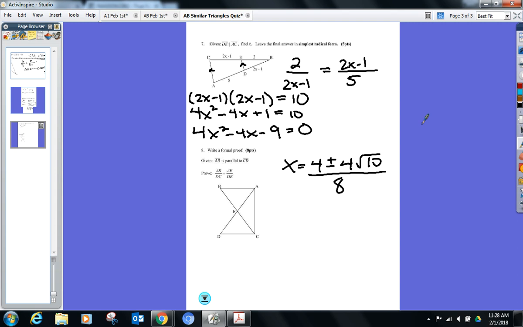Everyone ready? 4 over 8 reduces down to what? 1/2 plus or minus other side, 4 over 8 again. So radical 10 over 2. Both have the same. You can keep your answer like that if you want. Both of them have a 2 though, right? In the denominator. So can I write it with just one denominator of 2?